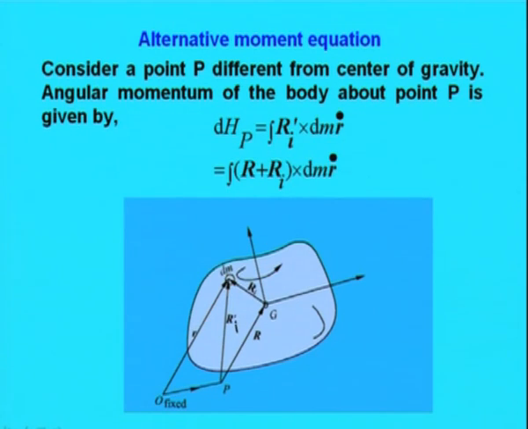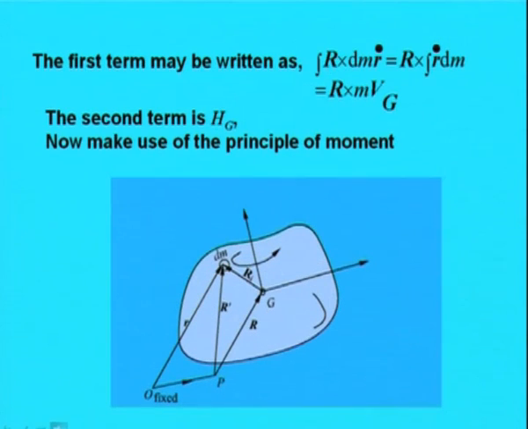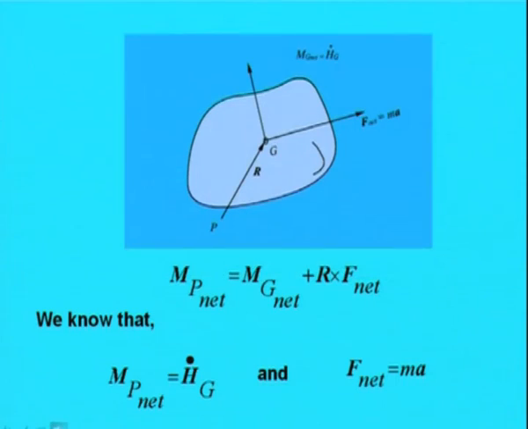So this is ri prime, and that can be written as R plus ri, cross dm into r dot. The first term may be written as R cross dm into R dot, which is R cross m vg, where Vg is the velocity of the mass center. Second term is Hg.